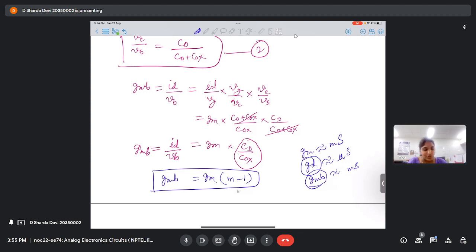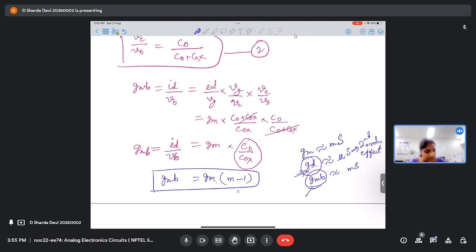Yes, ma'am. So basically, the effect due to internal output resistance, or second order effects, GD comes out due to second order effects, right? Like when we have short channel effects, we see GD coming into the picture.